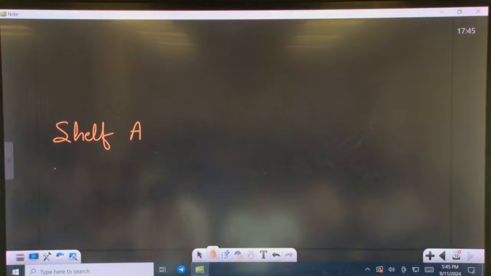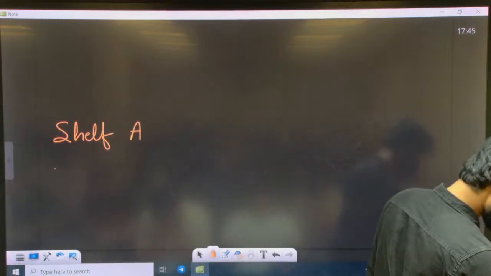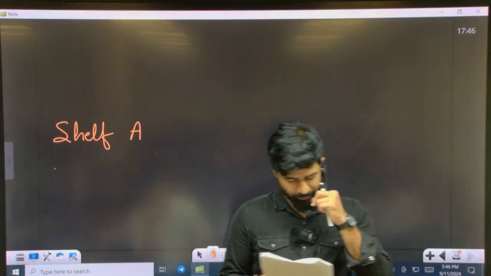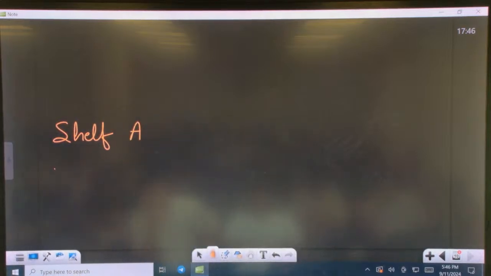Done? Mr. Prime, repeat the question. Shelf A has 4 by 5 of the number of books that shelf B has.